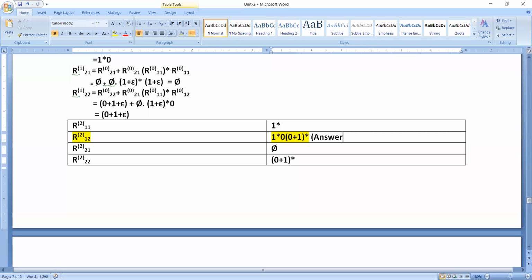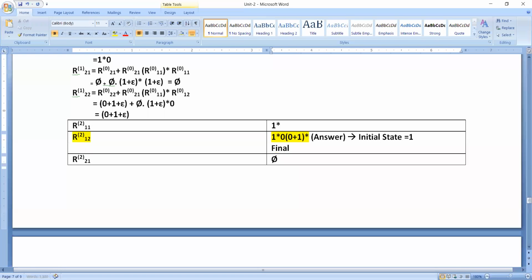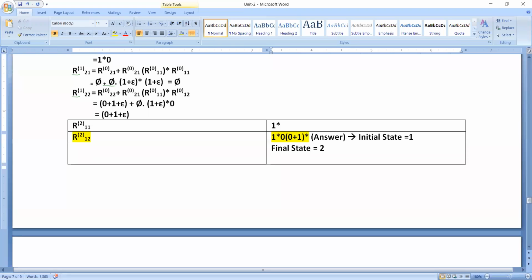So why is this going to be the answer? The reason for that is, the initial state is 1 and the final state is 2, and the total number of states is 2.